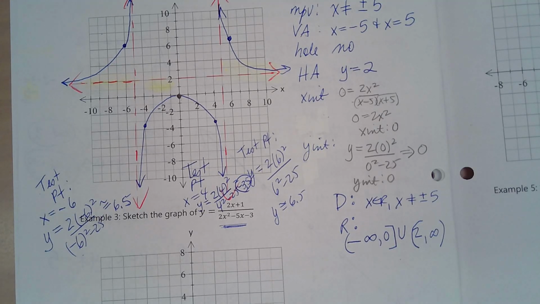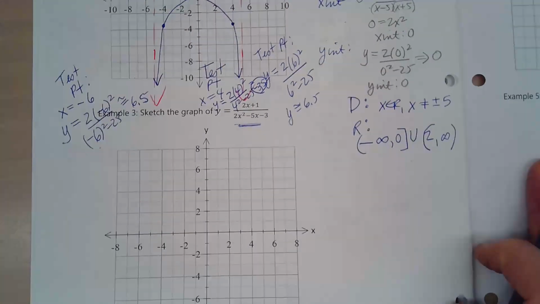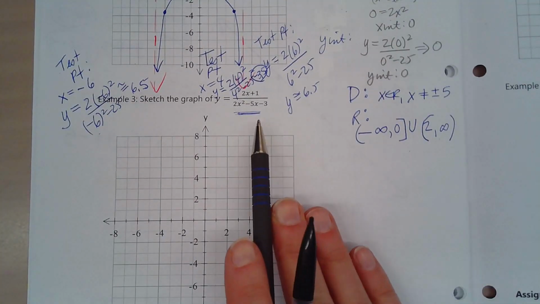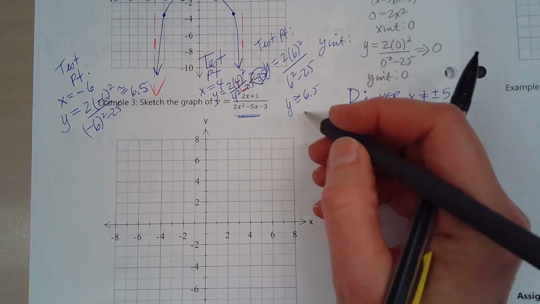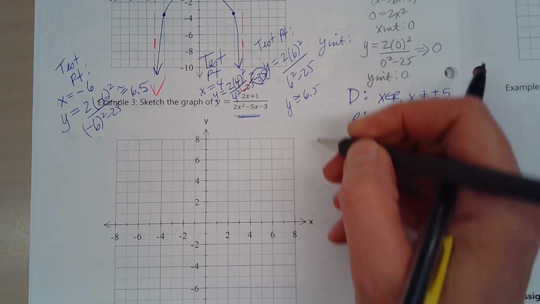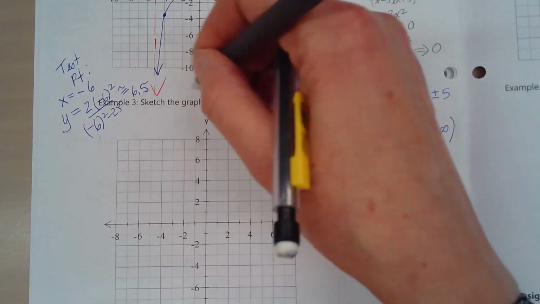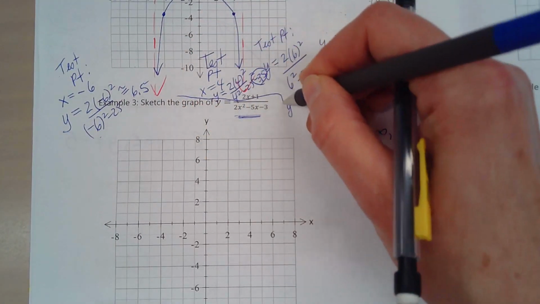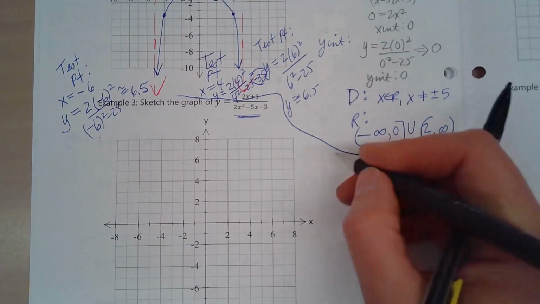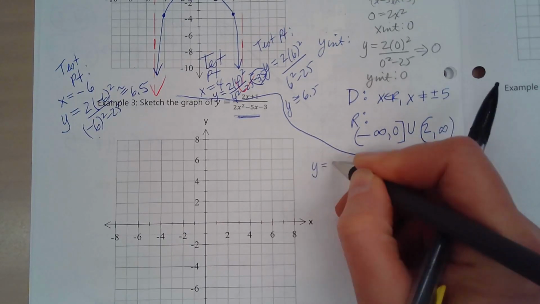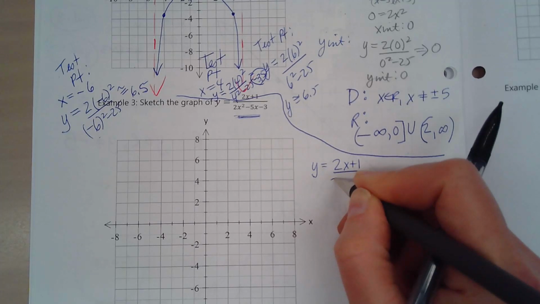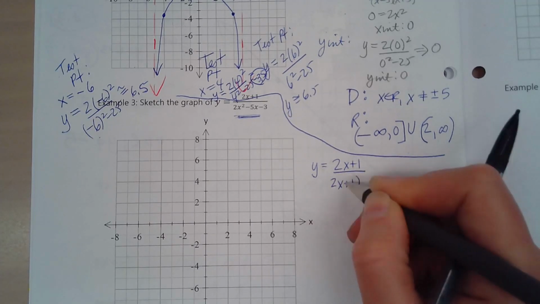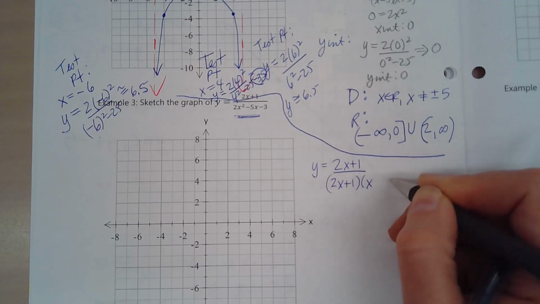But okay, so I left you before the break taking a look at this one. It looks like there's lots of parts. So first thing I'm going to do is factor. Okay, so we have y equals 2x plus 1 all over... I'm thinking 2x plus 1 probably is one of my factors.